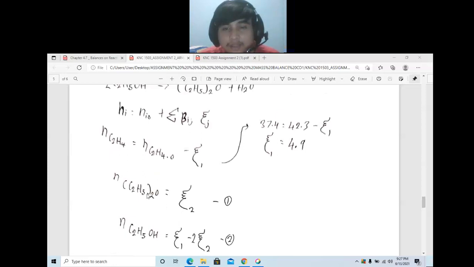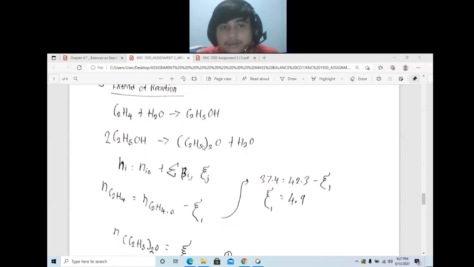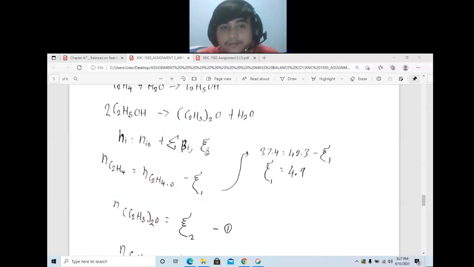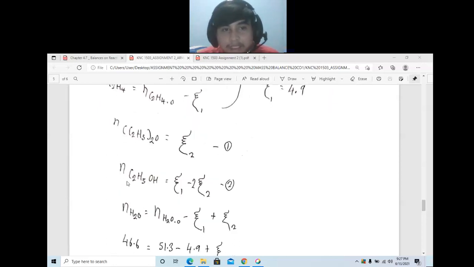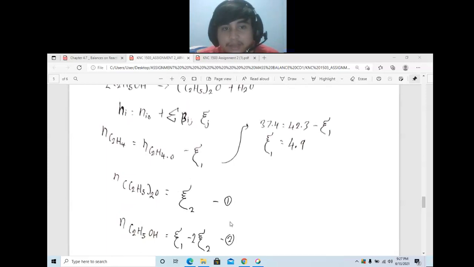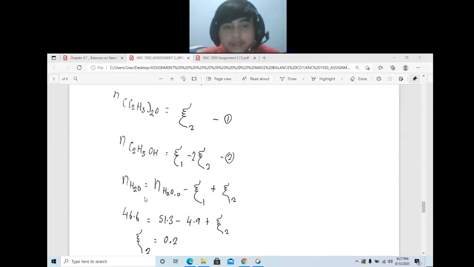Next, NC2H4O is equal to extent 2 here. So we can find this extent 2. So we jump next to the ethanol, C2H5OH. We can also find the value, so we just make this a new equation: extent 1 minus 2 times extent 2. Next, for the H2O, yes, we can use it. Why?